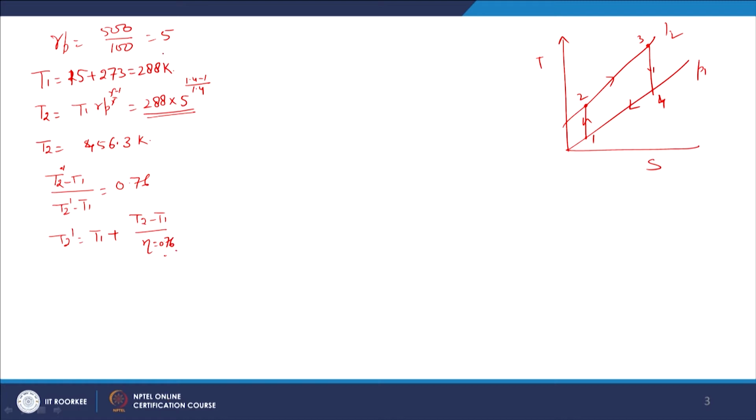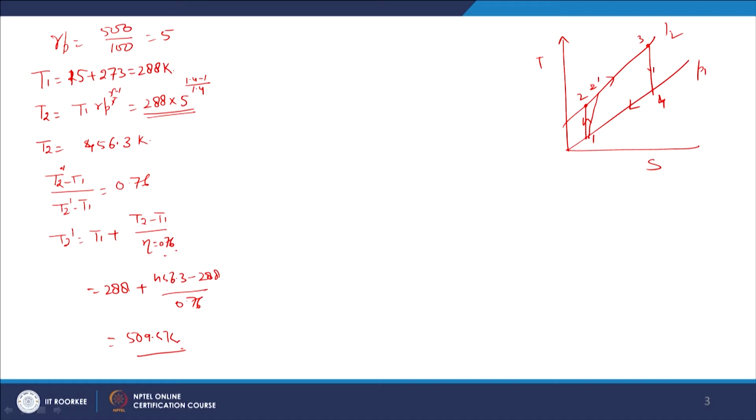T1 is known to us, 288, plus T2 minus T1, that is 456.3 minus 288, divided by 0.76, and this will give us T2 dash as 509.5 Kelvin. So, T2 dash we have got this much.